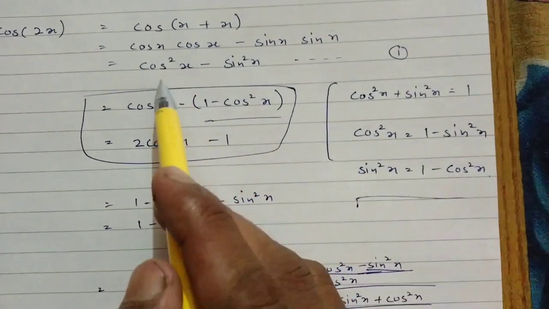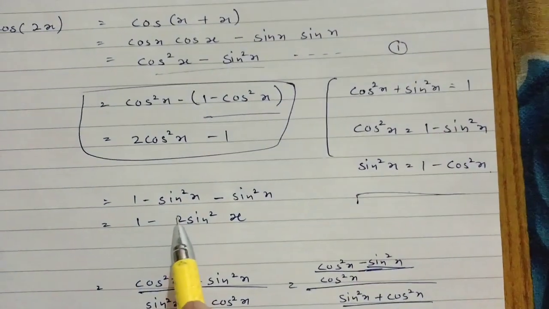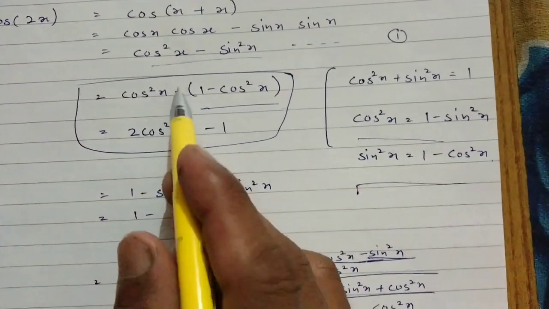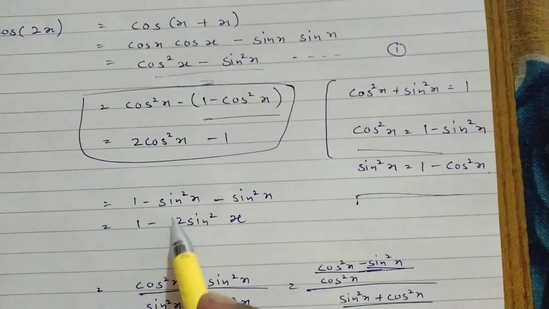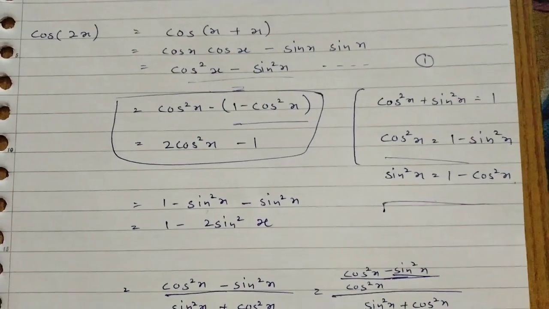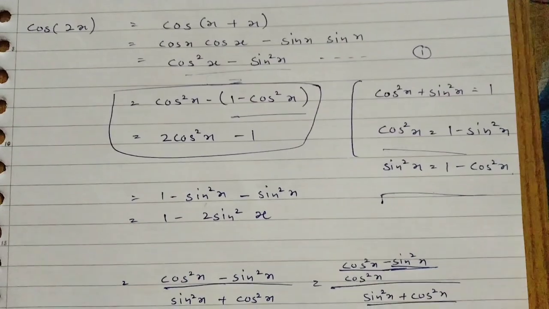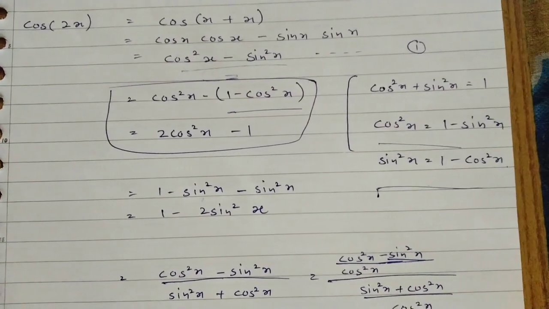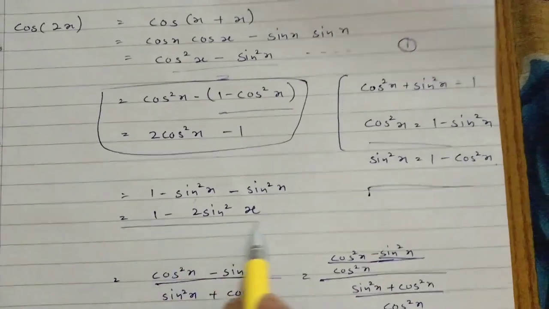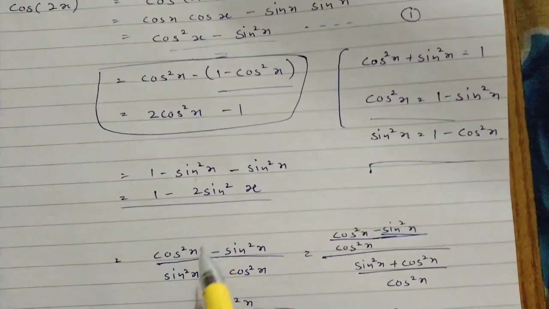And then we put cos square x from here. From equation 1 it becomes 1 minus sin square x minus sin square x, and it becomes 1 minus 2 sin square x, and it is the formula in the form of sine.